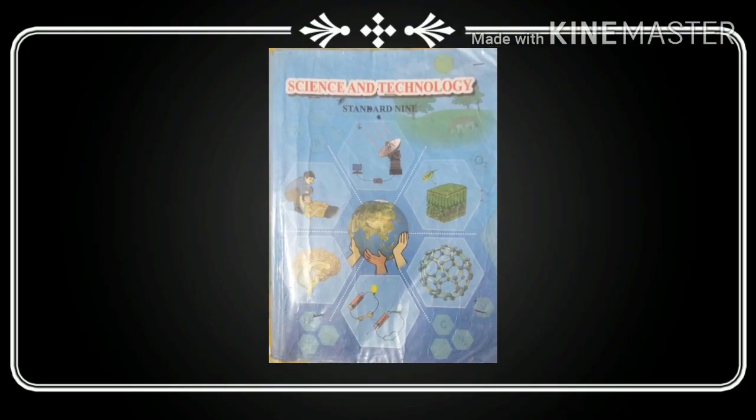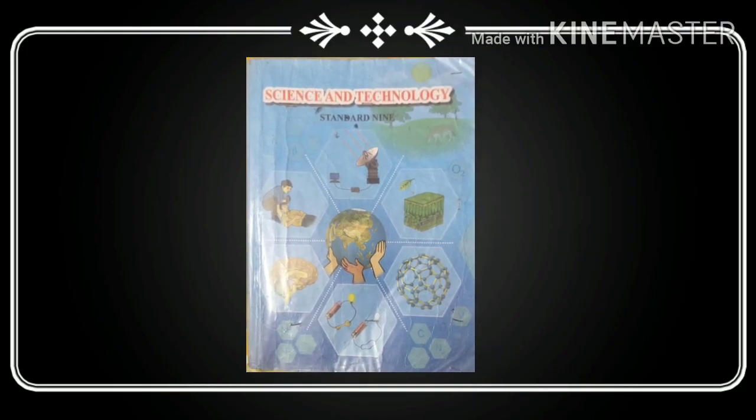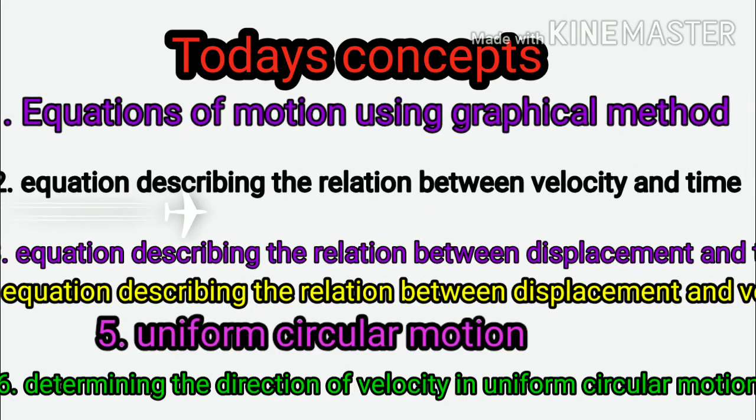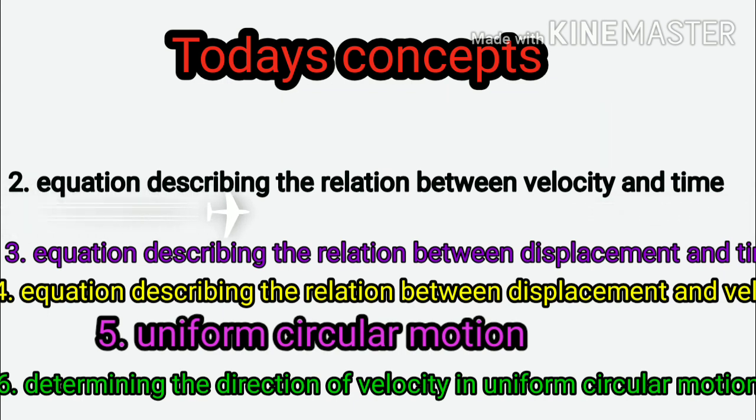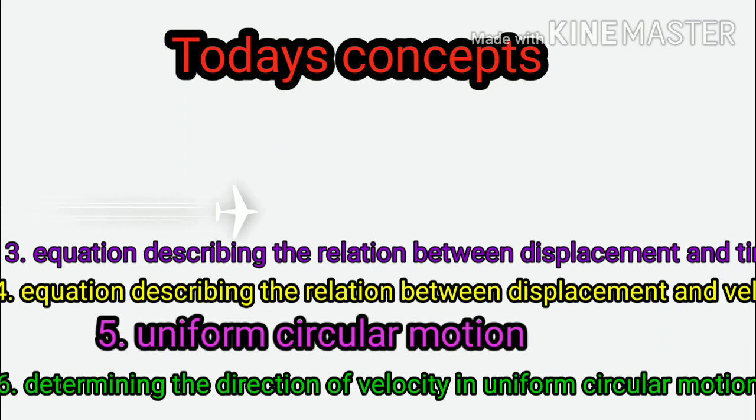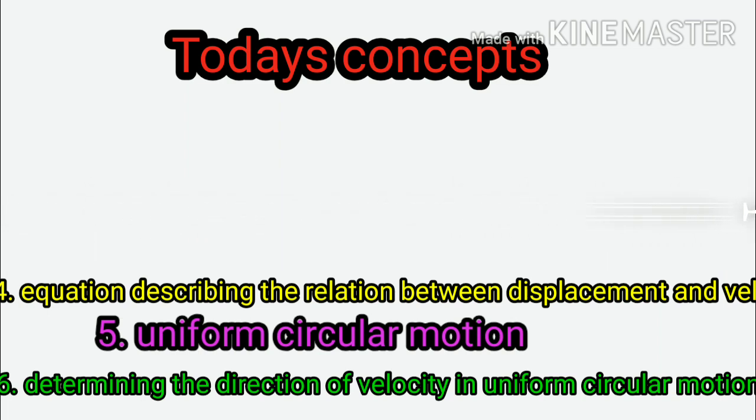In Science and Technology 9th standard, in the first chapter of Laws of Motion, today we are going to discuss the following points: equations of motion using graphical method, the equation describing the relation between velocity and time, the equation describing the relation between displacement and time, and the equation describing the relation between displacement and velocity.